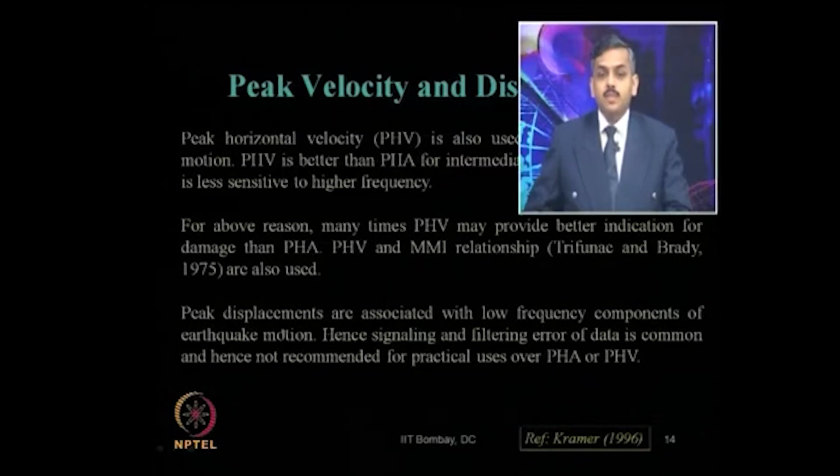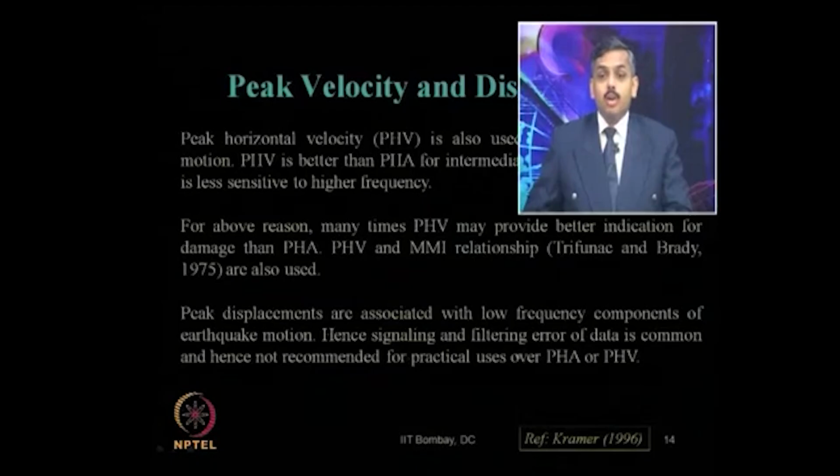Whereas, the peak displacements are associated with low frequency components, very low value of the frequency, they are associated with the peak displacement of earthquake motion. Hence, signaling and filtering error of the data is very common, because at low frequency you may get some error in your recording station itself.